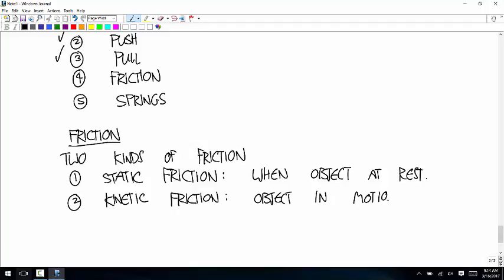And so there are little differences in the ways we have to treat these two kinds of friction.